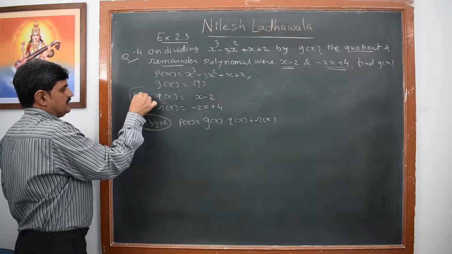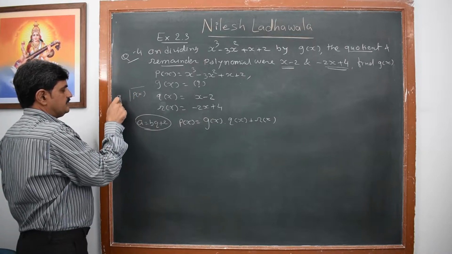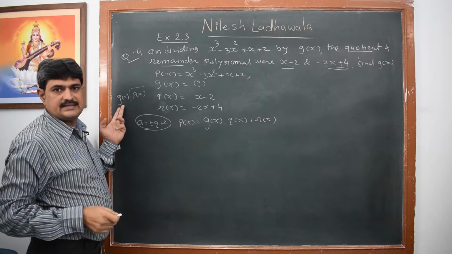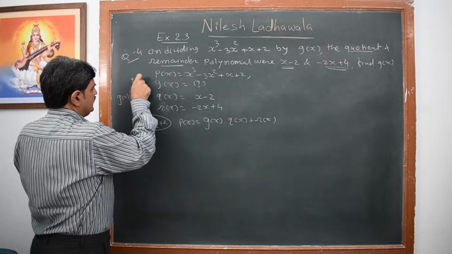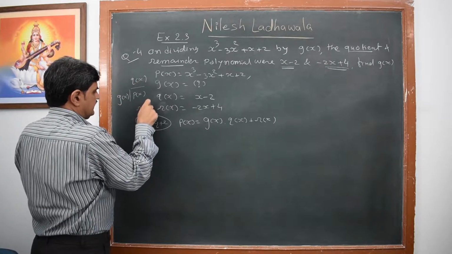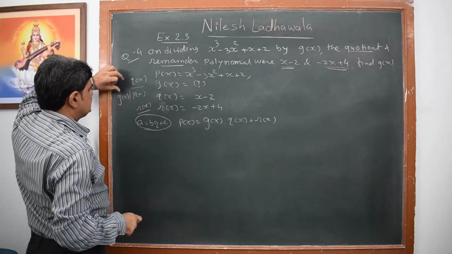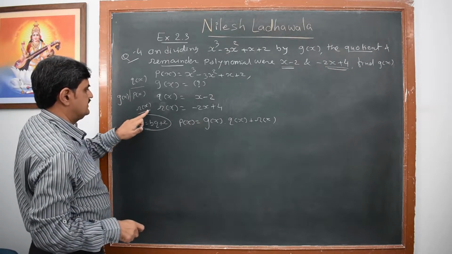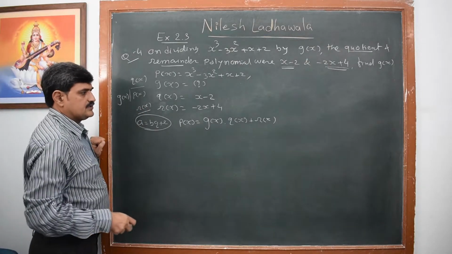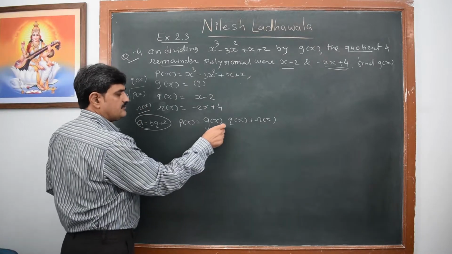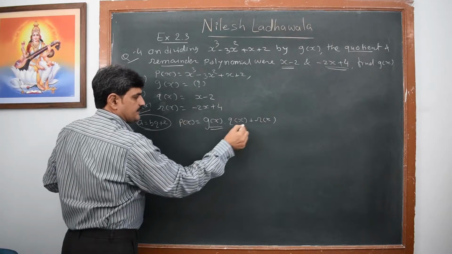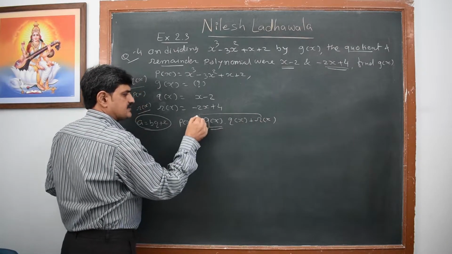Now you remember here p of x is the dividend, g of x is the divisor, q of x is the quotient, and r of x is the remainder. So I can write p of x is equal to g of x into q of x plus r of x.